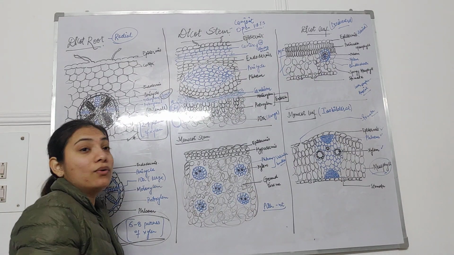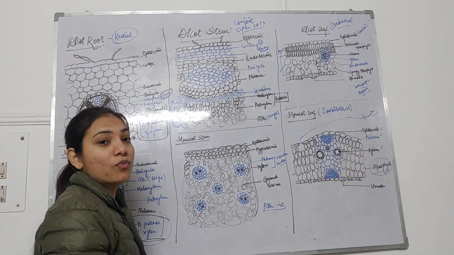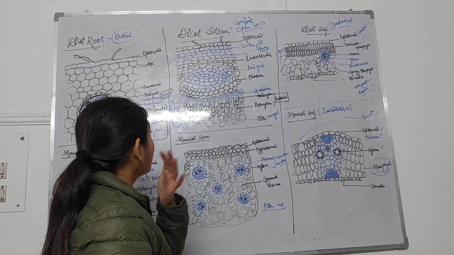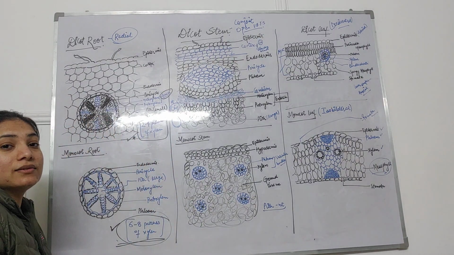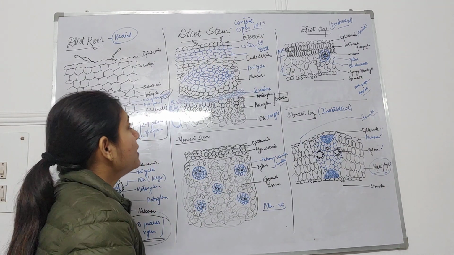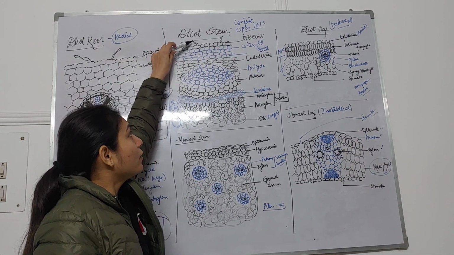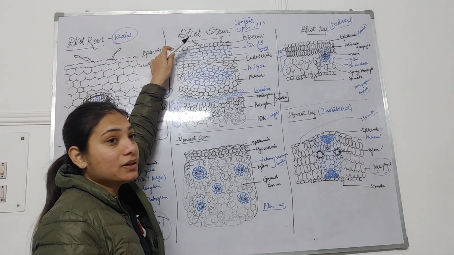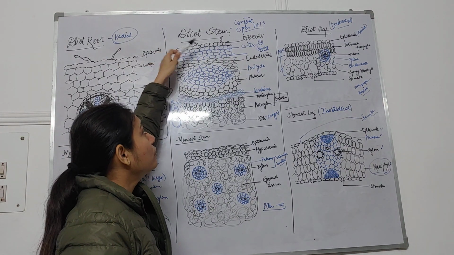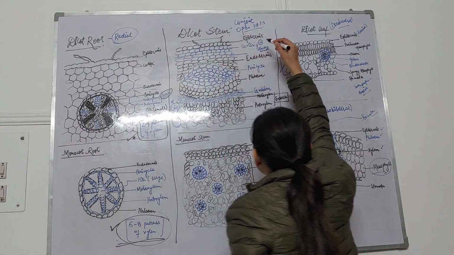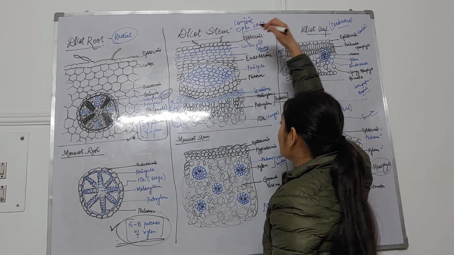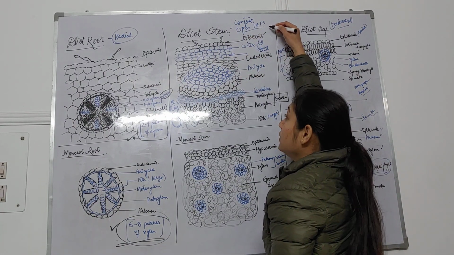Next is how the dicot stem is different from the monocot stem. In the dicot stem, as everyone knows, the outermost layer is the epidermis, having trichomes, or we can say epidermal hair-like growth. In the stem it is called trichomes, whereas in roots they are called root hairs.